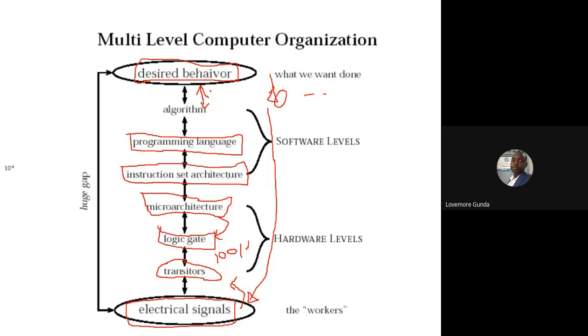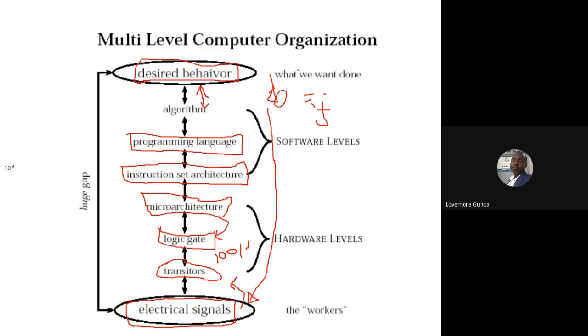But at your user level, you are just writing do if whatever, whatever, else, whatever, whatever. But then this doesn't make sense to the computer or to the machine until it is now presented in a way that the computer can understand, which is a series of signals that becomes ones and zeros.